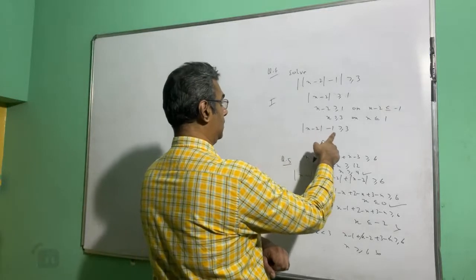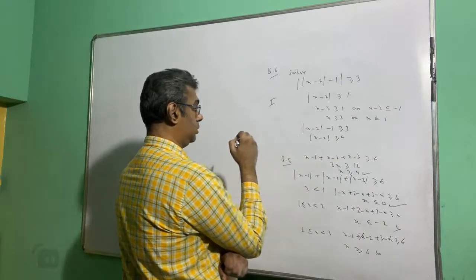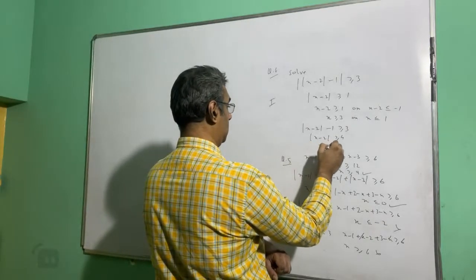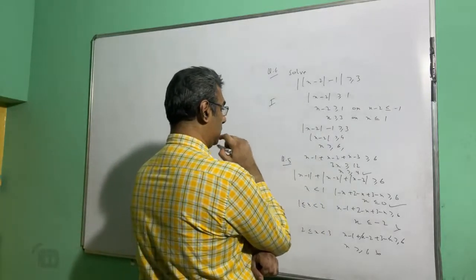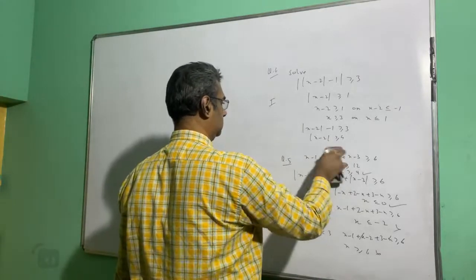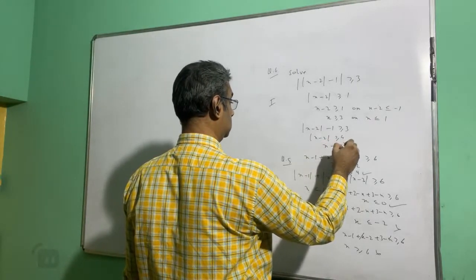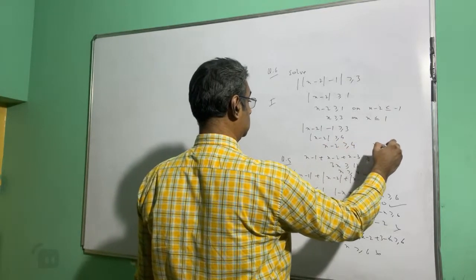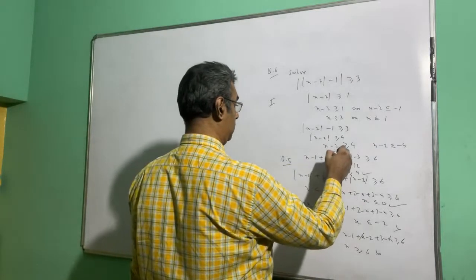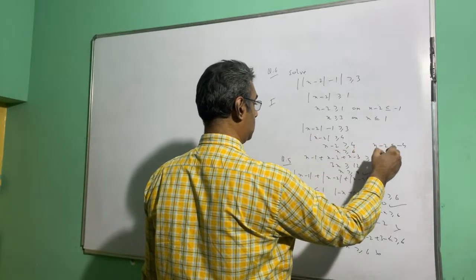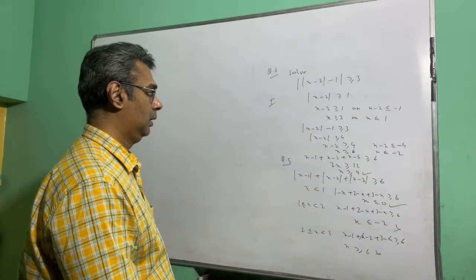So mod x minus 2 minus 1 will be greater than or equal to 3, so mod x minus 2 will be greater than or equal to 4. So x minus 2 will be greater than or equal to 4 or x minus 2 will be less than or equal to minus 4. So x will be greater than or equal to 6 or x will be less than or equal to minus 2, right?